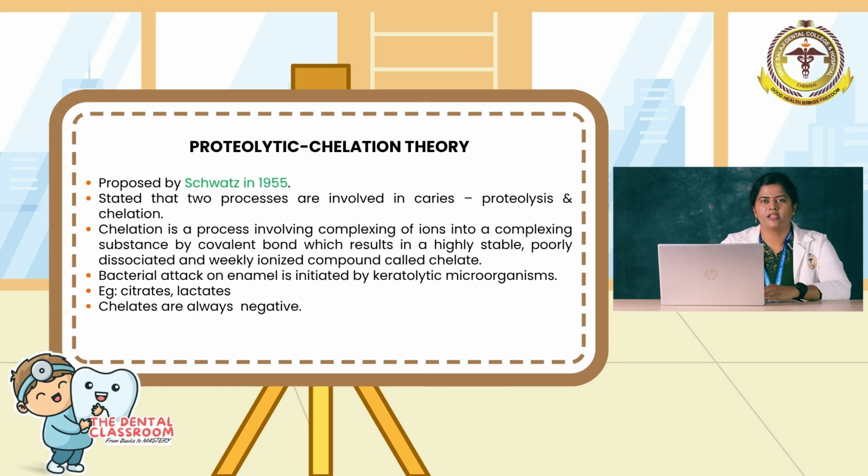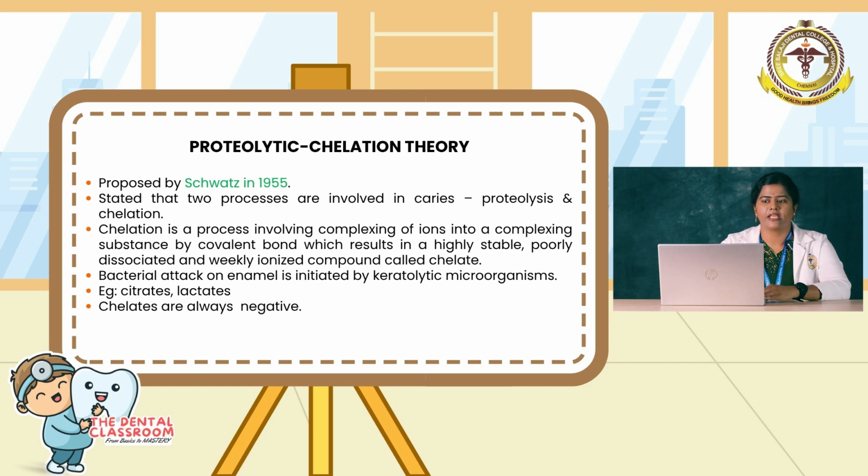Further, the theory was developed by adding chelation, which is the proteolytic chelation theory. It was proposed by Schwartz in the year 1955. He stated that two processes are involved in caries: proteolysis and chelation.